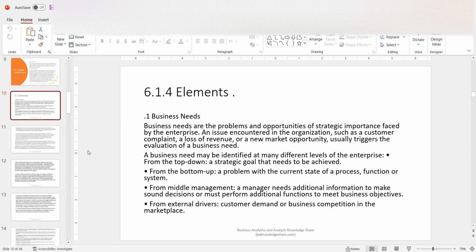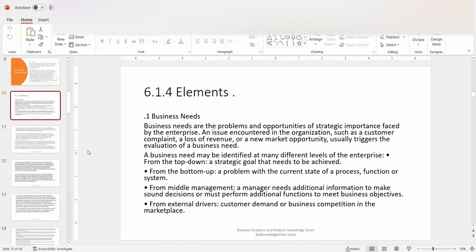From bottom up, as an example, would be if in operations or even in a call center, customers are calling in complaining about very similar problems. A good example is they're on the call and the wait is a bit too much for them. How do you solve for that problem? That comes from the bottom up.